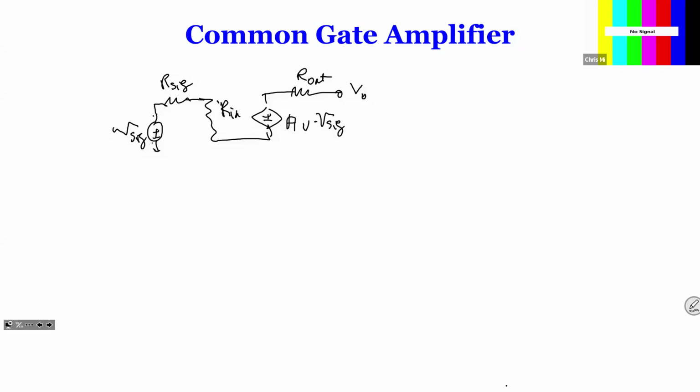If AV is calculated with respect to VSIG, then that AV already includes VSIG in the equation. If AV is calculated without RSIG, then you have to do a voltage divider. So just make sure that you understand these two circuits. There's a little bit of difference over here.